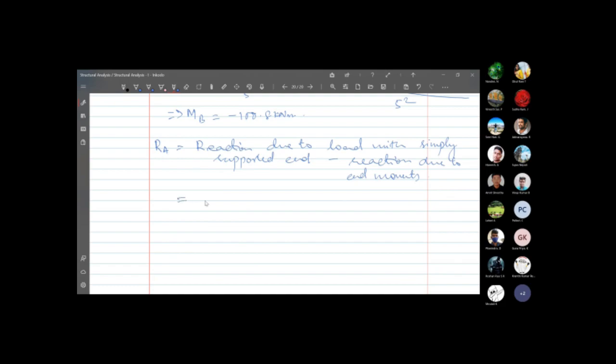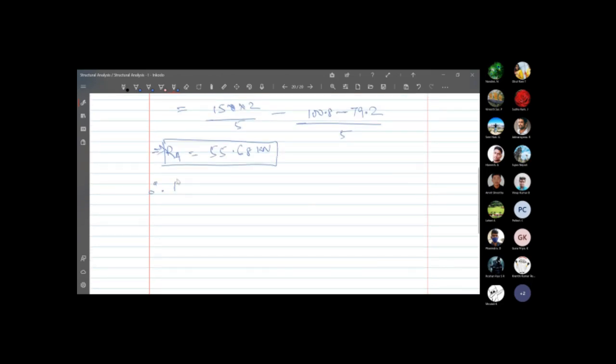So that will be 150 into 2 by 5 minus 100.8 minus 79.2 divided by 5. So RA becomes 55.68 kilonewton.